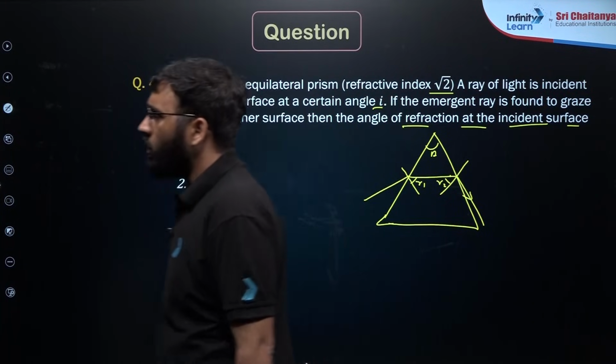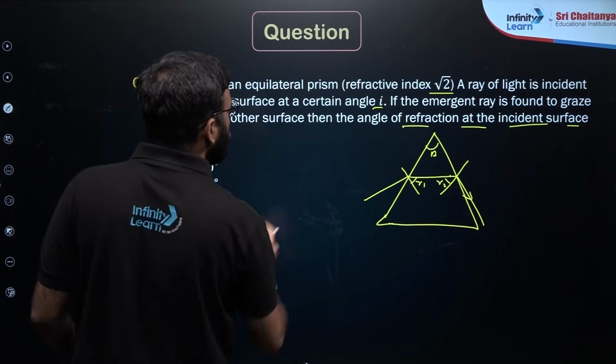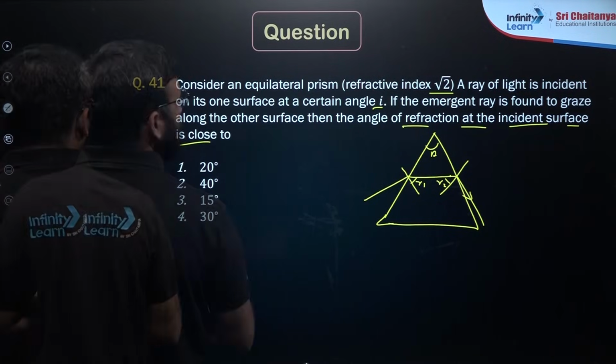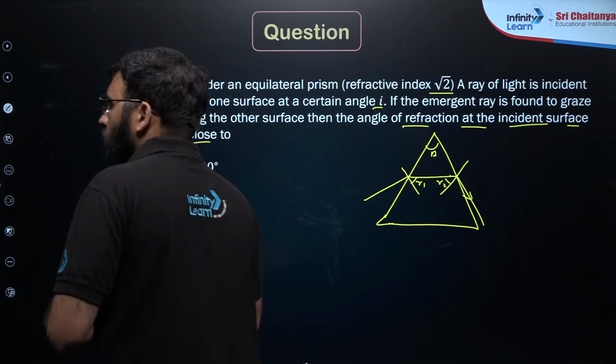So beta all of you know, what is r1 plus r2, that is A. Always you can remember this one. So that is r1 plus r2. So the refractive index of the surface is close to. Okay, so what is the angle of incidence?